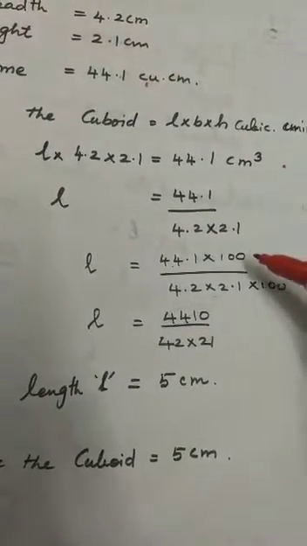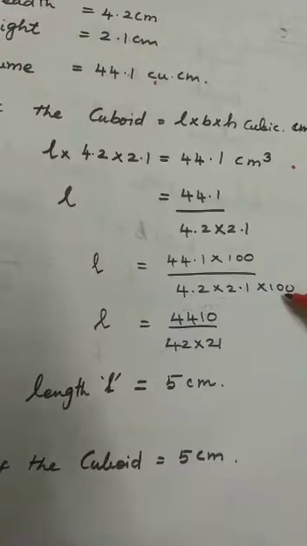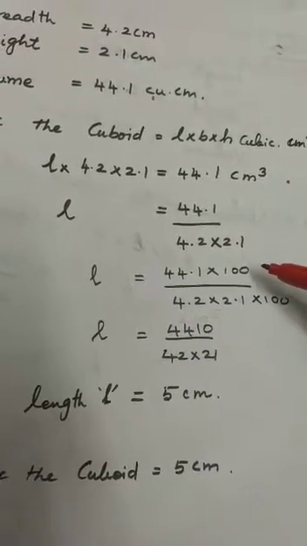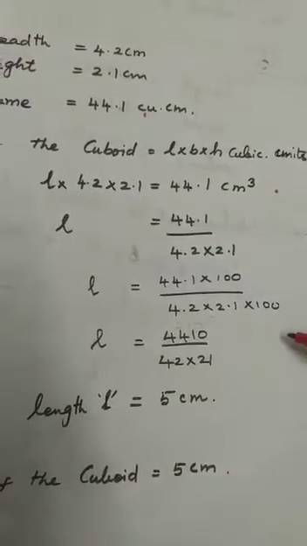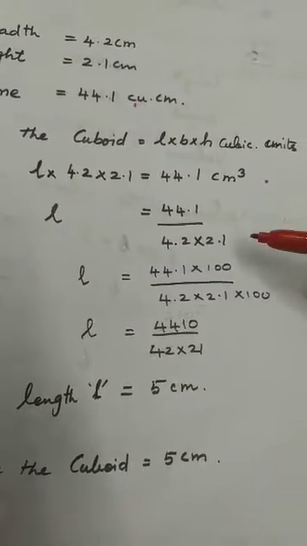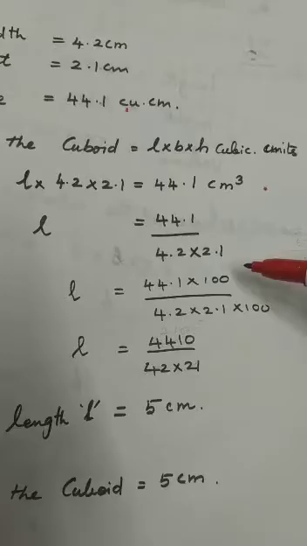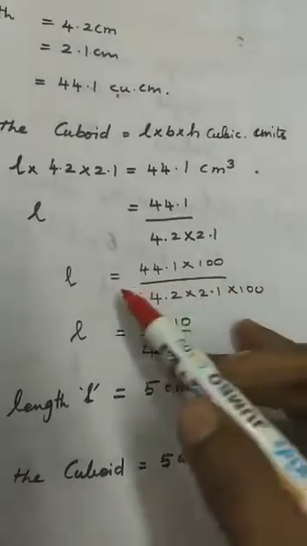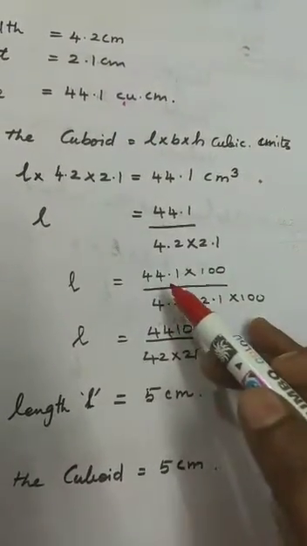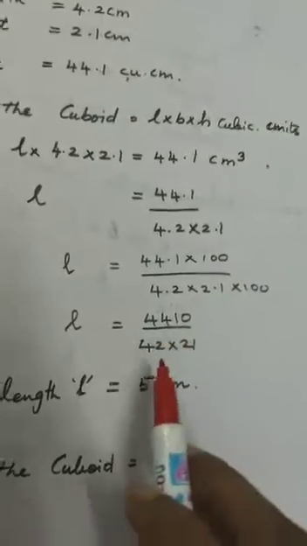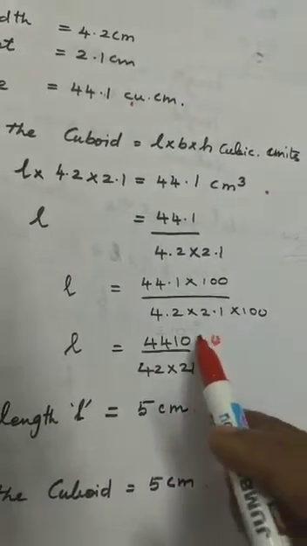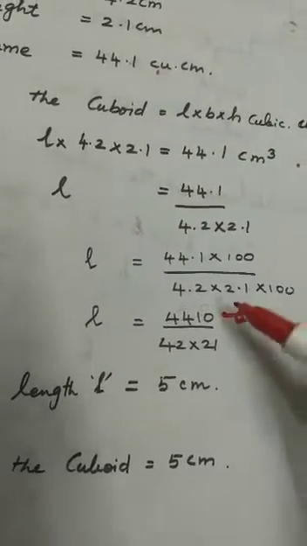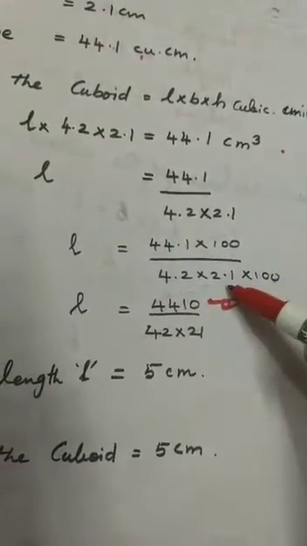If you are multiplying the denominator by 100, you have to multiply the numerator also by 100. Whatever number you multiply the denominator by, you have to multiply the numerator by the same number. So if you multiply 44.1 into 100, then it will come as 4410.0, isn't it? 0, no value. Okay. You give 10 for this, 10 for this.